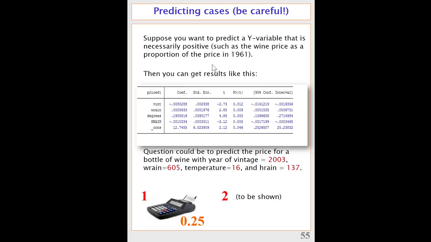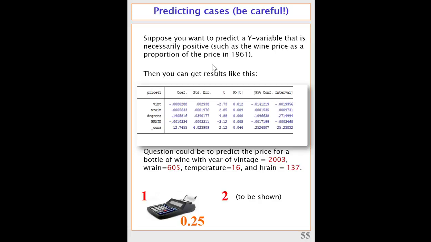I run my regression model here, and I have, in principle, estimated this, and this will give me a prediction for each and every case in my data, and, in principle, for each and every case that I do not have in my data, but for which you can give me the values of these. If you tell me what these values are, then I can give you a prediction based on this model.